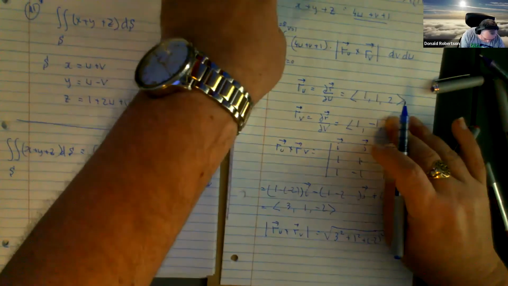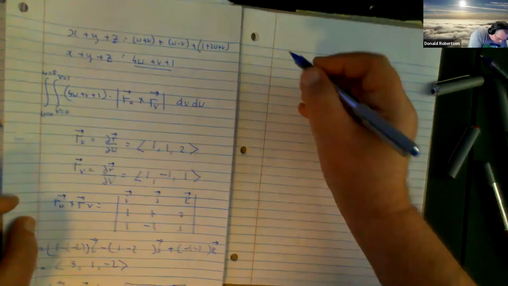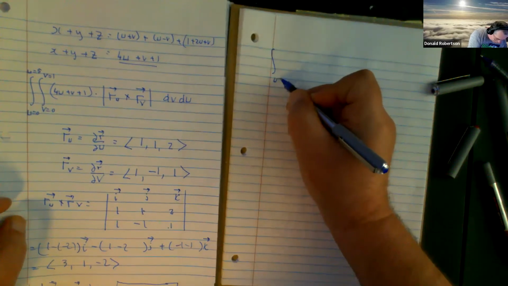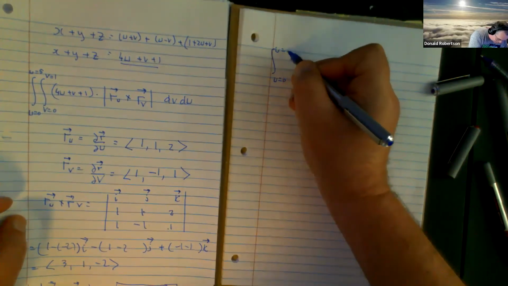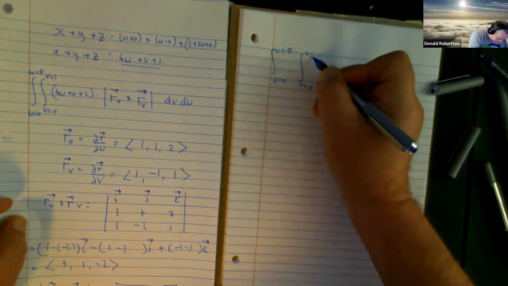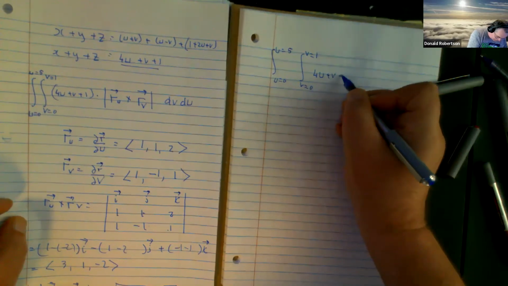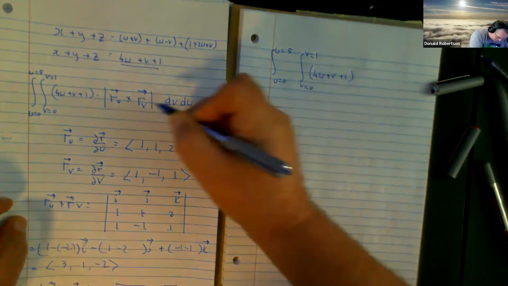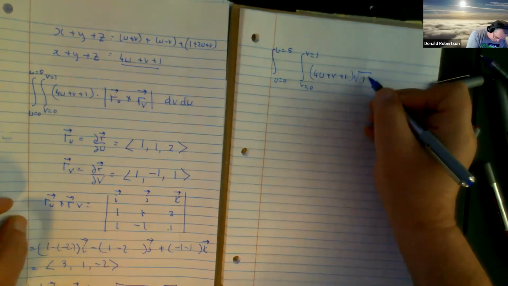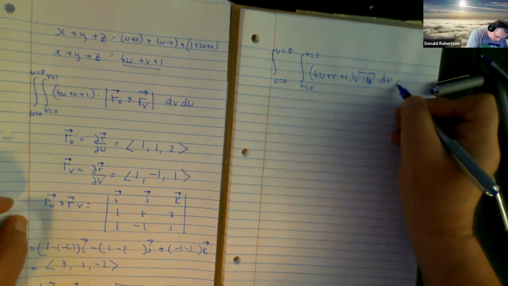So I should be able to put that into the mix. So we've now got the integral from u equals 0 to u equals 5, from v equals 0 to v equals 1, of 4u plus v plus 1 times this guy, which is the square root of 14, and we'll do a dv du.